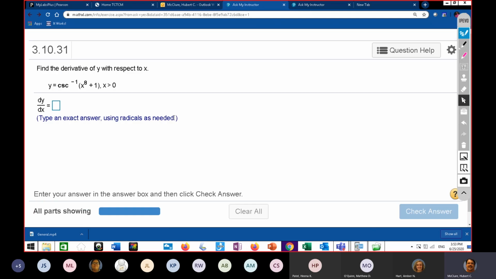Oh yeah, cosecant. Secant, cosecant. Oh, I'm sorry, it's inverse. Let me find the cosecant. Where's the cosecant problem?